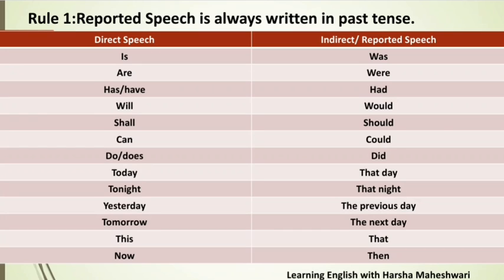Shall, should. Can, could. Do or does, did. Today, that day. Tonight, that night. Yesterday, the previous day. Tomorrow, the next day. This will change into that. Now will change into then.